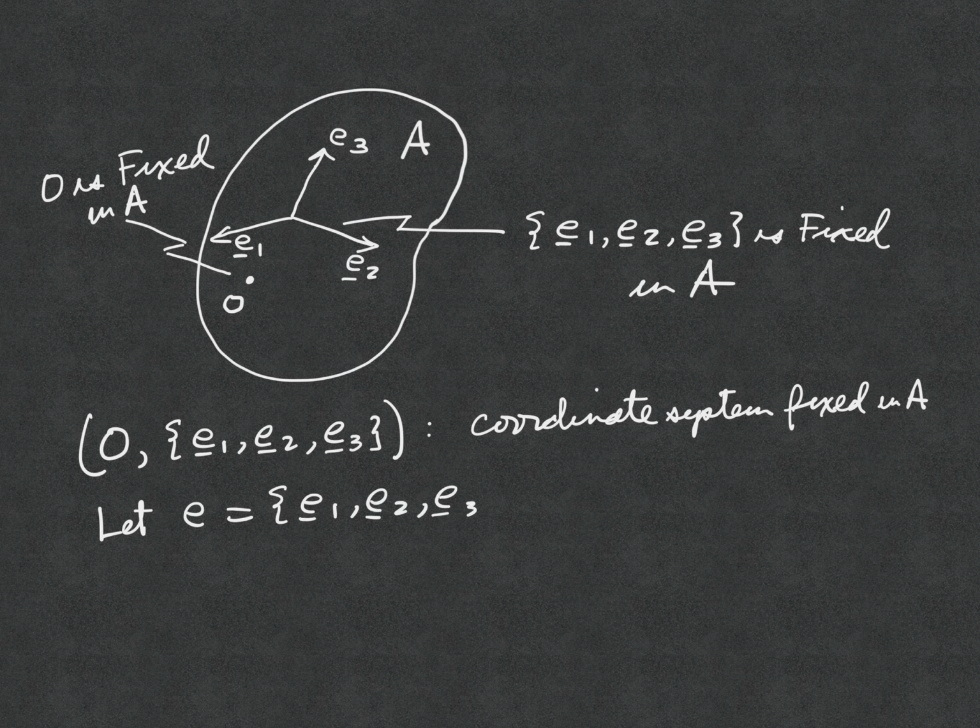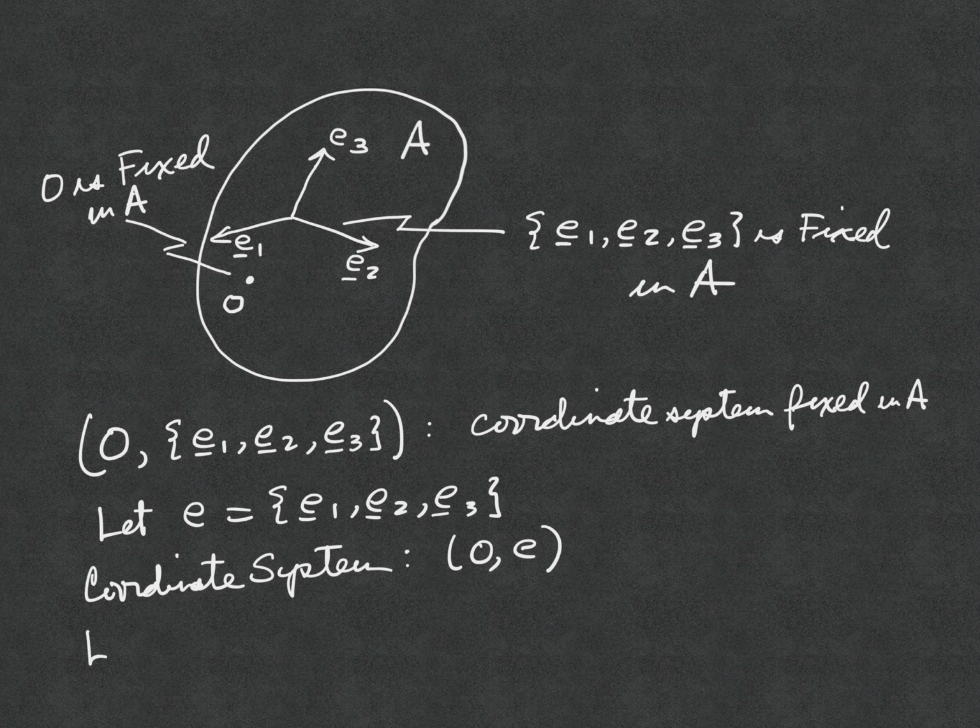So therefore, the coordinate system becomes O together with E. Now once we have this construct, suppose that we have an arbitrary vector. Doesn't make a difference what this vector is. So we say let B be a vector.